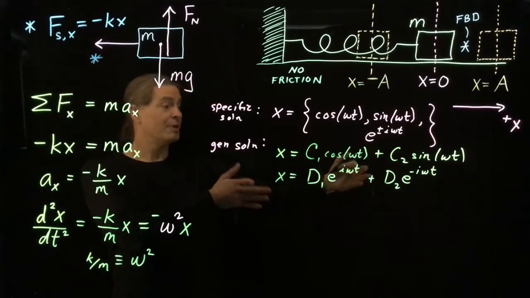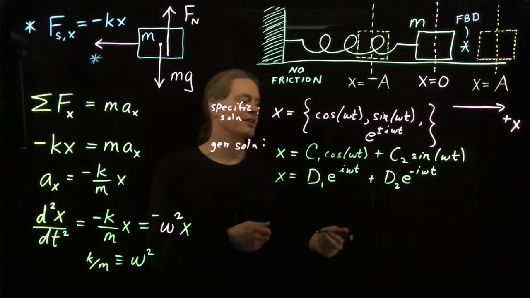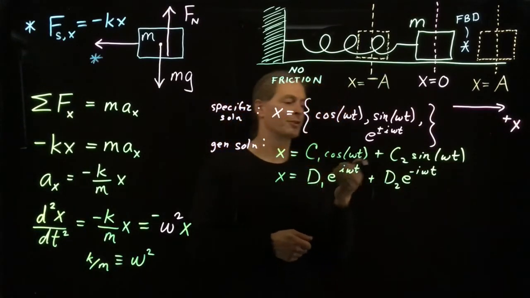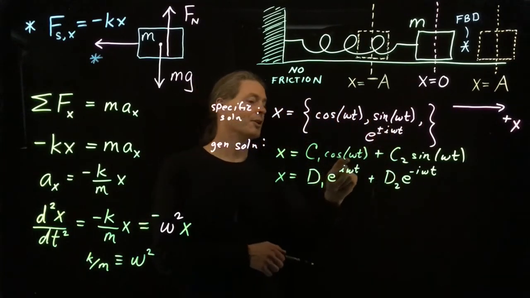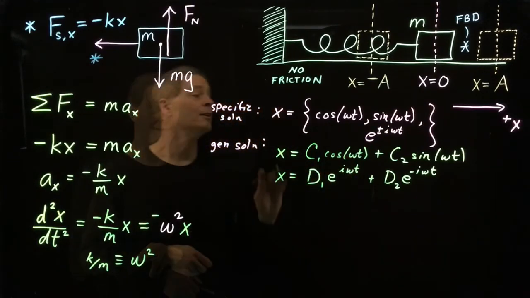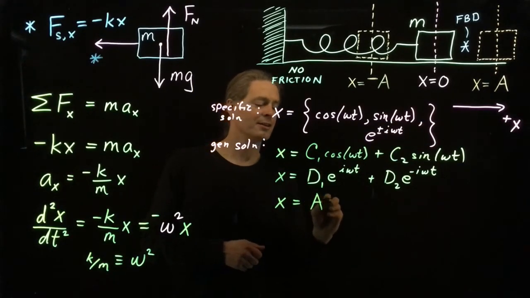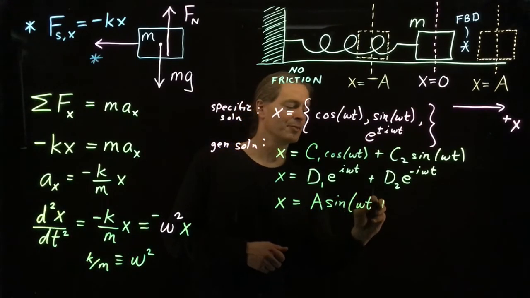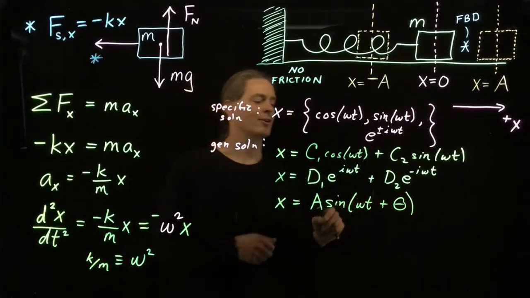These can be shown to be equivalent using trigonometry and various identities, namely the Euler identity, which relates the complex exponentials to cosine and sine functions. So in these solutions, omega is this omega here. There's another way to write this. x equals A sine of omega t plus theta, where A and theta are arbitrary constants.